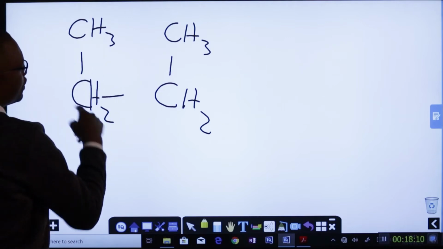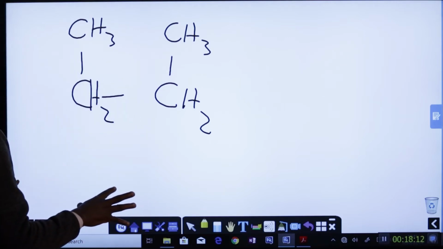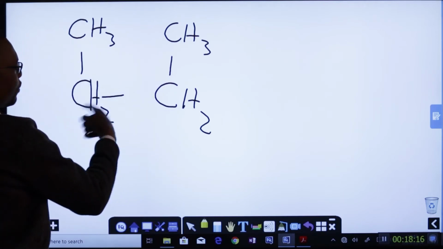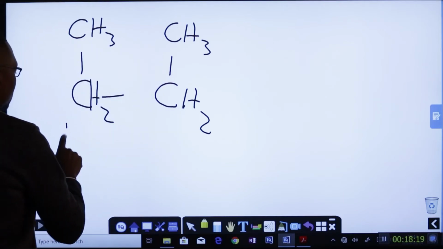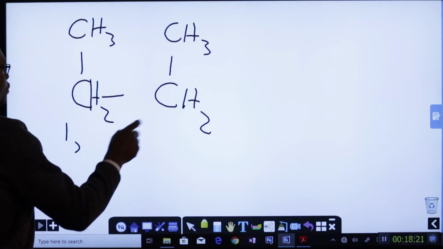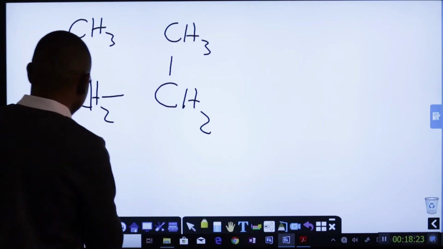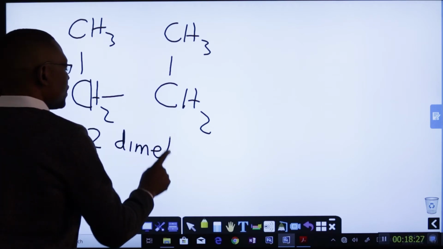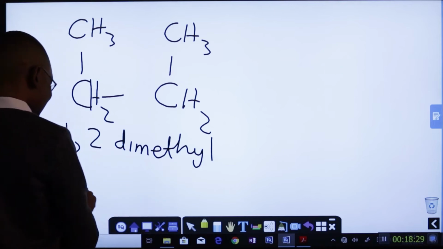So in other words, this is a branched molecule where we have got 1,2 dimethyl ethane. Okay, so if I write the name, it will also help you to see how the isomer has changed. So this is going to be 1,2 dimethyl ethane.